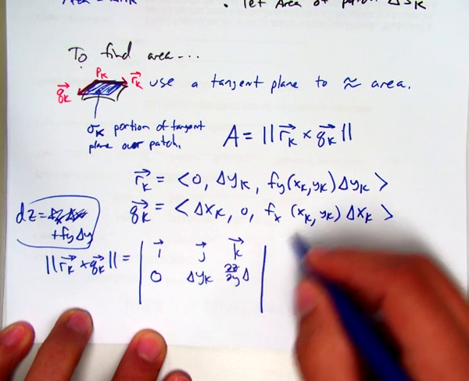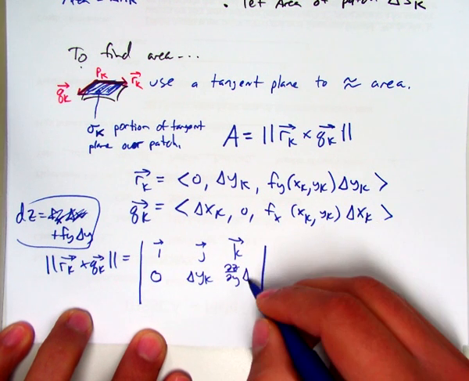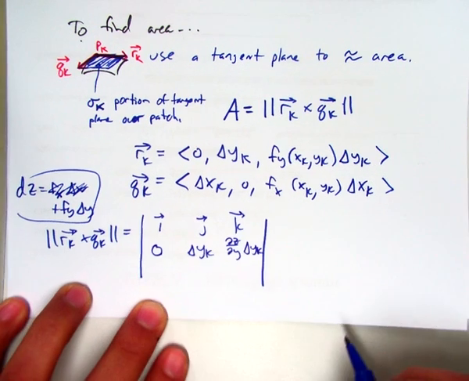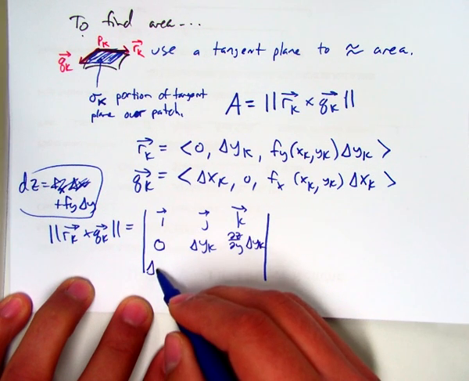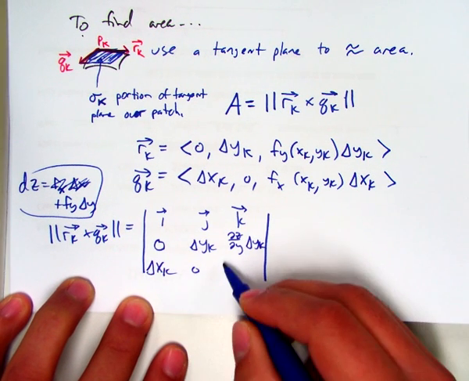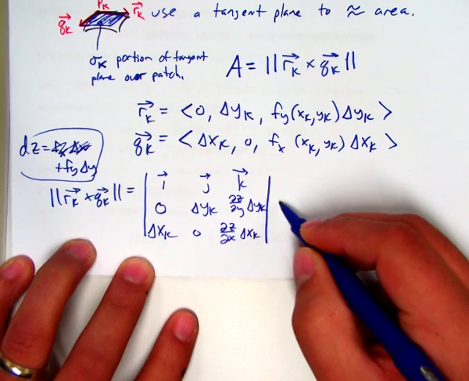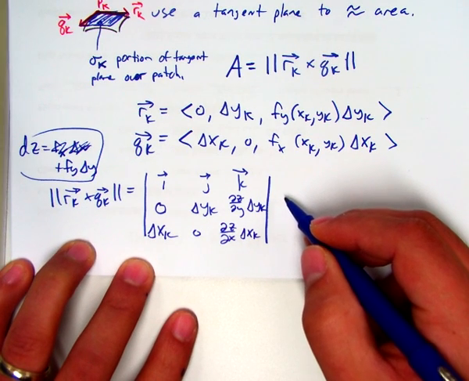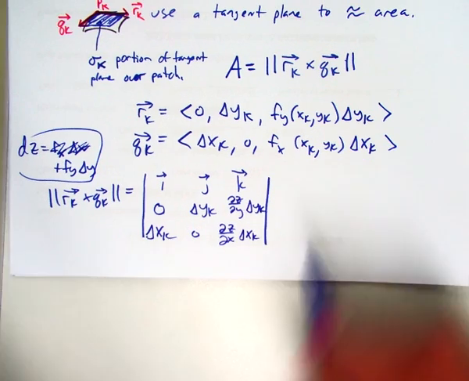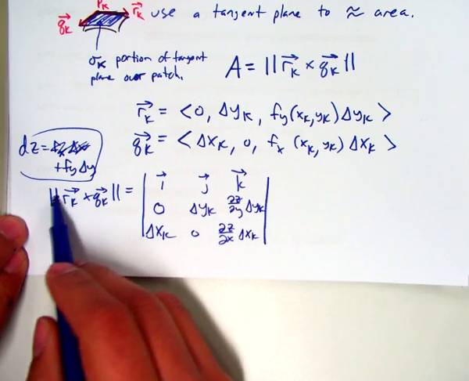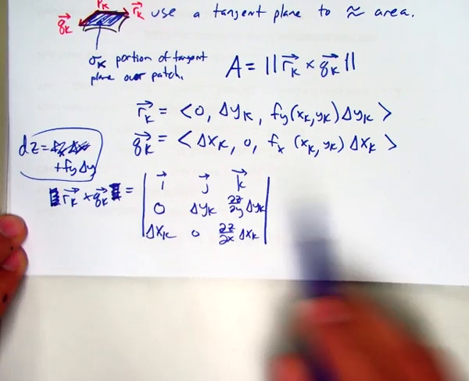We're going to assume that we plug in x sub k, y sub k, so I'm not going to write that. And then here I'll do the same kind of thing: delta x sub k, 0, partial z partial x, delta x sub k. So actually, we're not finding the magnitude yet, we're just finding the cross product. Sorry, I shouldn't have done that yet.